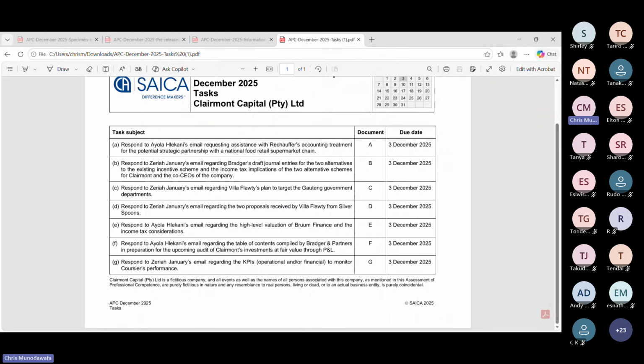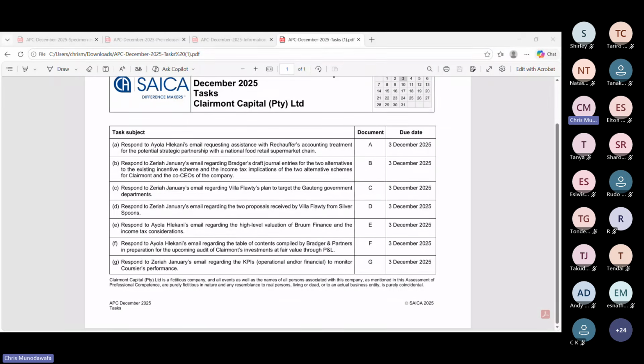So what's coverage? In simple terms, coverage simply means identifying and responding to all the material matters contained in the task.